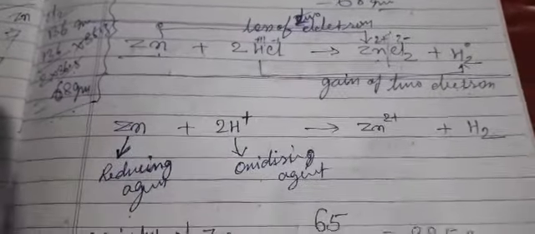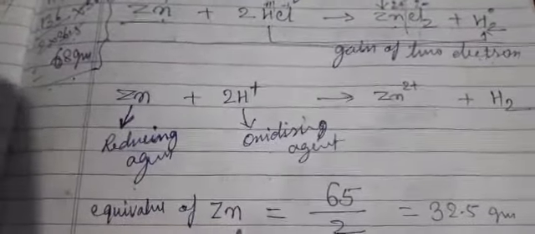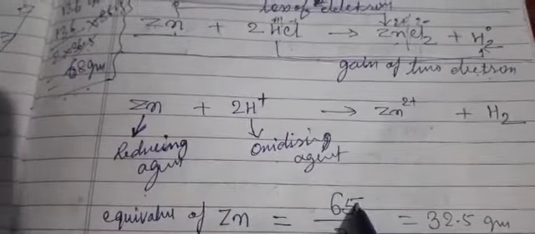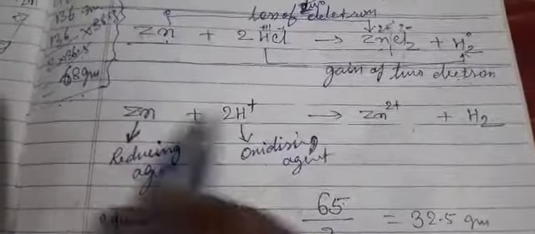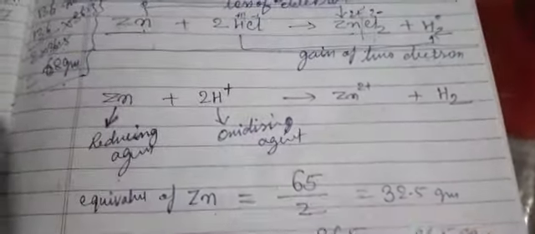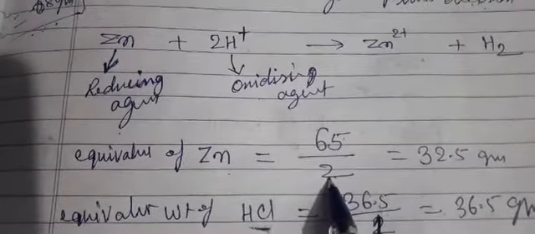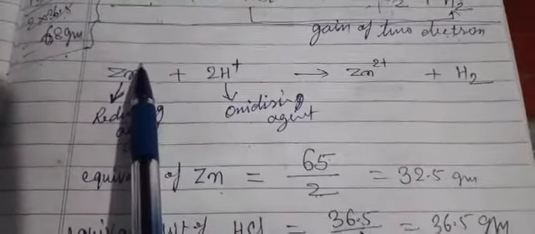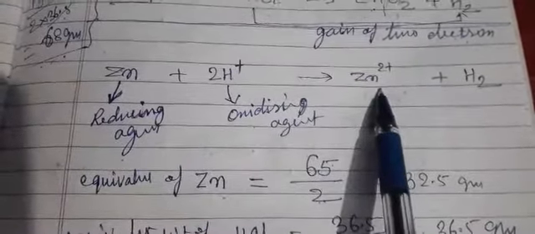Now I will find out the equivalent weight, first of all, of the reducing agent. The equivalent weight of zinc, that is the reducing agent, is molecular mass by change in oxidation number. Here the oxidation number is 0, here it is +2. So how much is the change in the oxidation number? 2. How many electrons have been transferred? Zinc has lost 2 electrons, then it gets converted into Zn 2 plus.